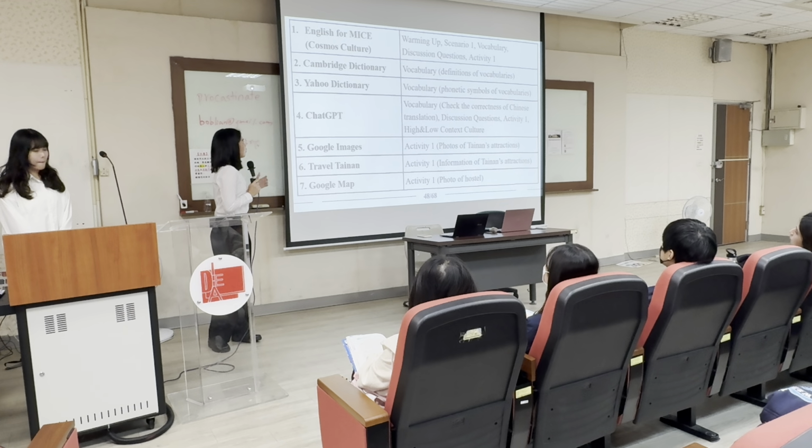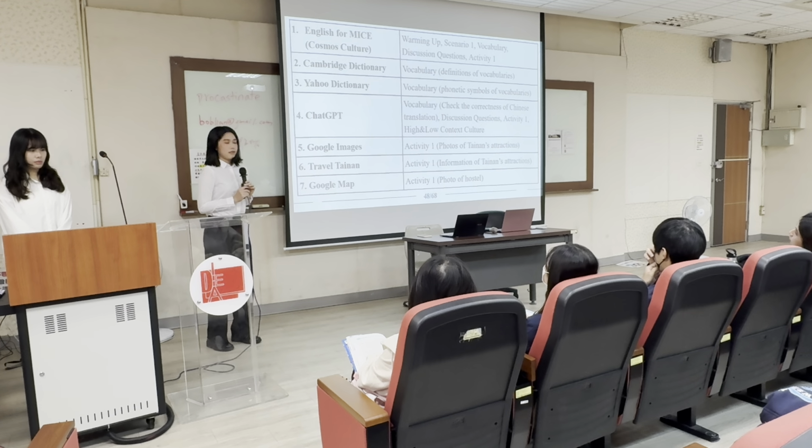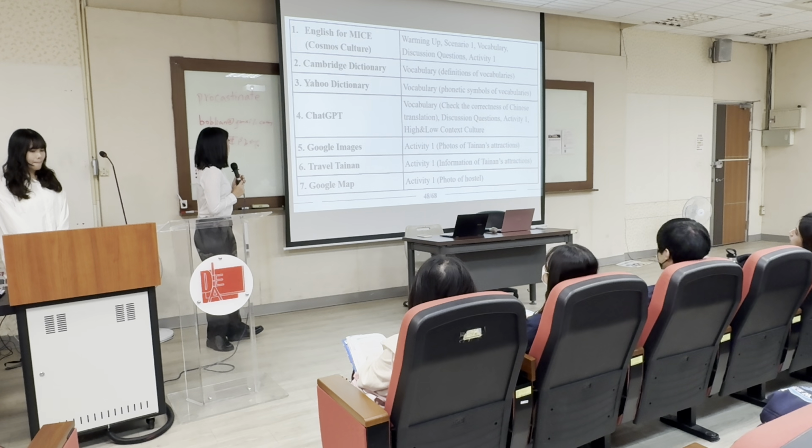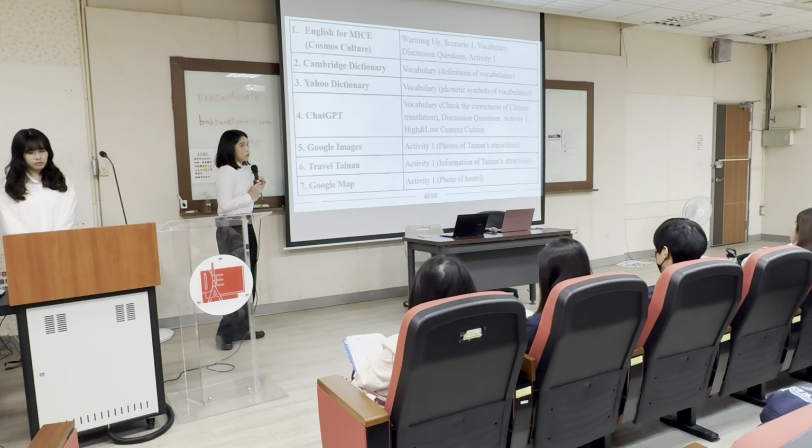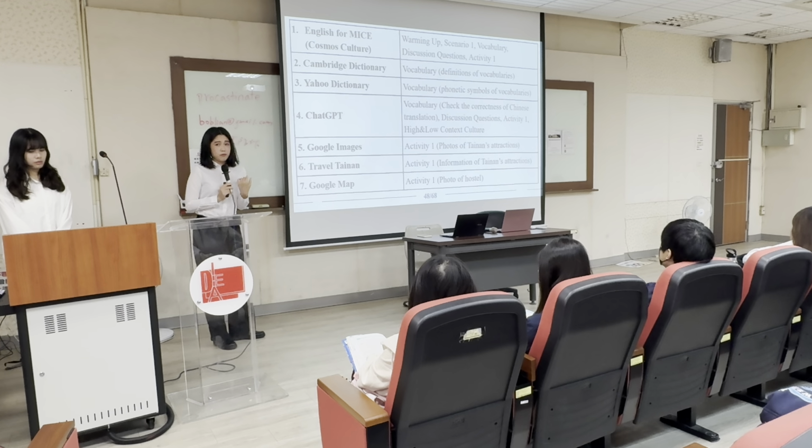In the vocabulary part, we use it to check the correctness of Chinese translation, and in the discussion questions, activity 1 and high and low context culture, we use it to find some examples to support our ideas. And in activity 1, I also used Google Images, Travel Tainan, and Google Map to gain some information and photos for my incentive travel arrangement.